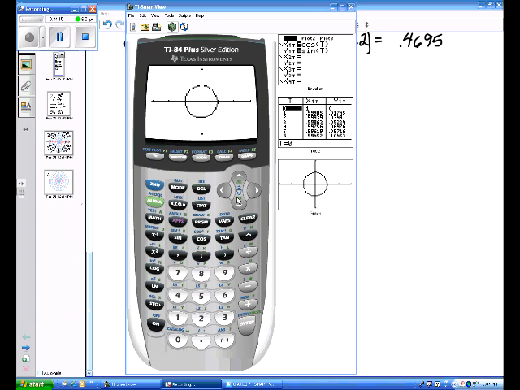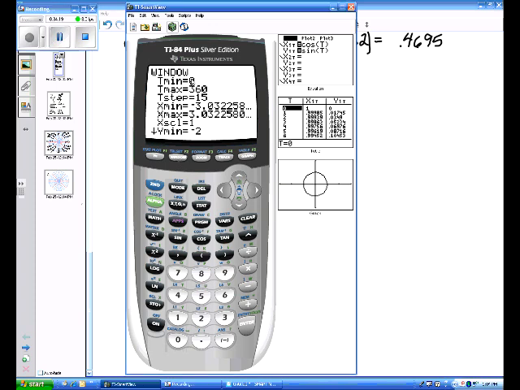Okay, so we've got our unit circle, and we did set up our window from 0 to 360, with a step of 15 degrees. And then you can put in any value, but we went from -2 to +2, and then we hit zoom 5, which squared it up and made our window square. Now we can trace, and we can go around, and we're seeing it in degrees.